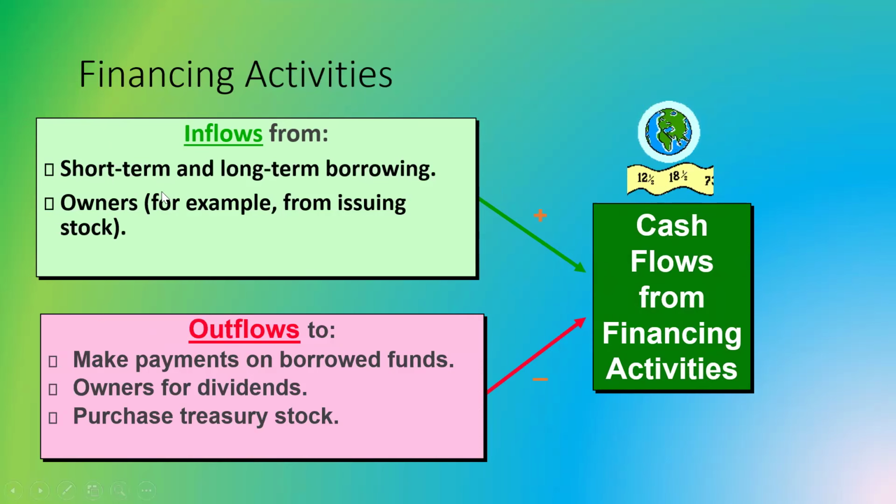Inflows from financing activities include short-term or long-term borrowings, and owners, for example, issuing shares or stock, whereas outflows include payments on borrowed funds, dividends to owners, and purchase of treasury stock.